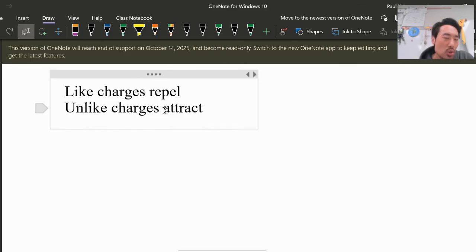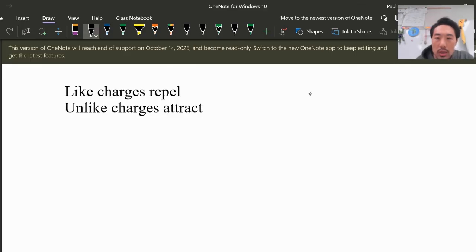So what this means, let's do the like charges repel first. The rule of thumb is if you have two systems that are both net positive, both of these will repel each other. I'm going to do this one in blue, and let's do this one in green. The one on the left, because it has a positive charge, will feel a force from the positive charge on the right, and the direction of that will be to the left.